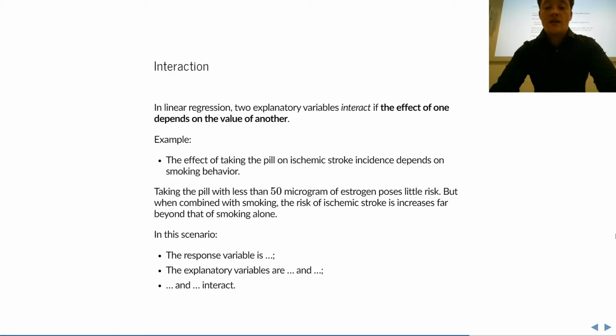Smoking and taking the pill. So smoking, yes or no, or maybe in the amount that you take, and taking the pill, yes or no. And which two variables interact? The same two. The two explanatory variables are set to interact because the effect of one depends on the other.